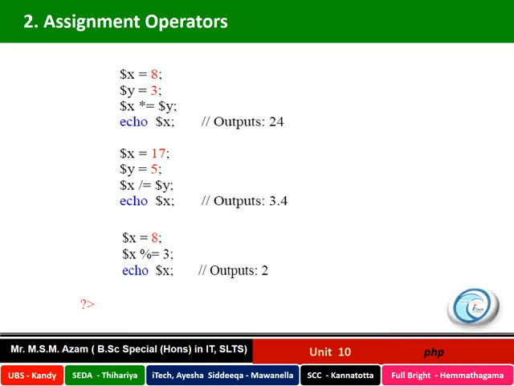Then I say x percentage mark equal 3. That means I have to find the new x value by dividing the previous x value 8 by 3 and finding the remainder. So 8 divided by 3, 2 times, 2 into 3 is 6, remainder value 2. Therefore when I type echo $x, it outputs 2.